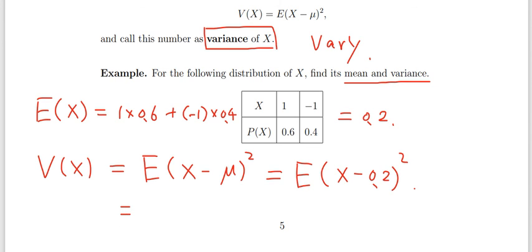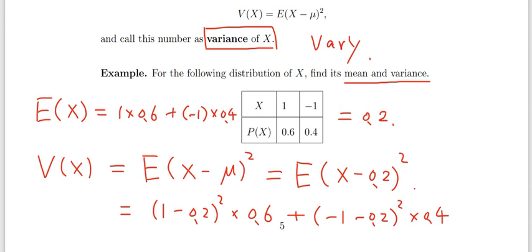So x minus 0.2 squared can be 1 minus 0.2 squared, multiplied by the probability of x taking 1, which is 0.6. Plus x can be negative 1, so x minus mu can be negative 1 minus 0.2 squared, multiplied by 0.4, right?